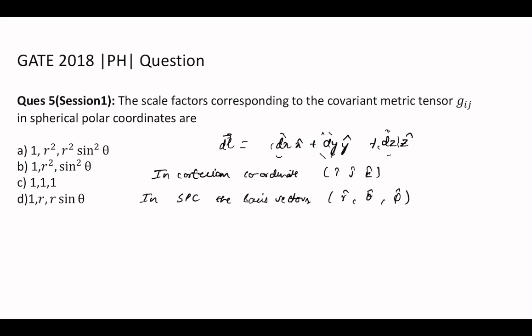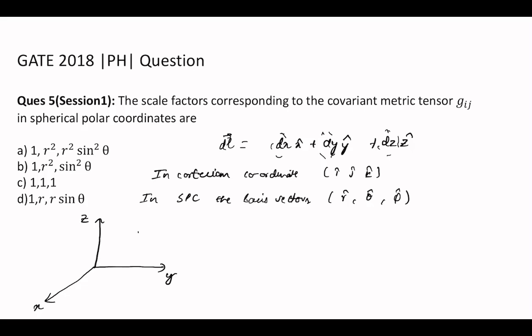These are the three different basis vectors used to describe any spherical polar coordinate system. So if we want to do the transformation from Cartesian to spherical polar coordinates, let me first draw the Cartesian coordinate system, x, y, and z, three directions mutually orthogonal to each other.